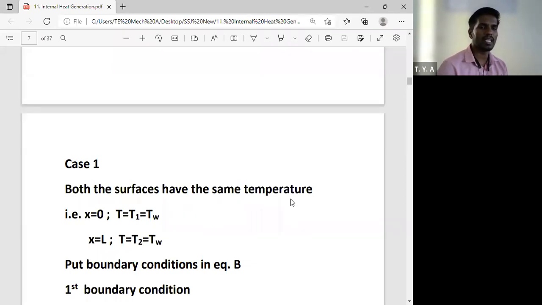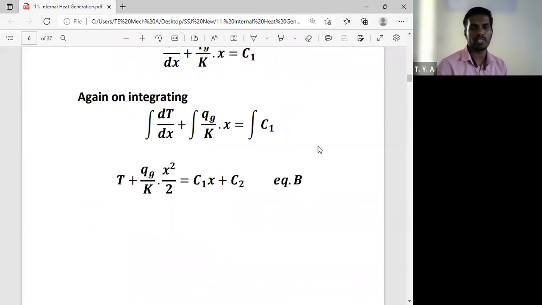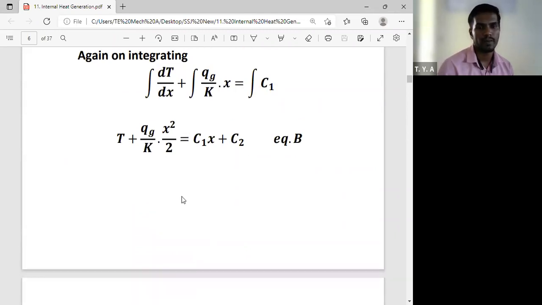And the second boundary condition: at x is equal to L, T is equal to T2, but both surfaces have the same temperature, TW. That means we have considered T1 is equal to T2 is equal to TW in case 1. So at x is equal to L, T becomes TW. Okay, so put these boundary conditions into equation B. So this is our equation B. In this equation we have to put the two boundary conditions and find the values of C1 and C2. Find them and tell me the values of C1 and C2.